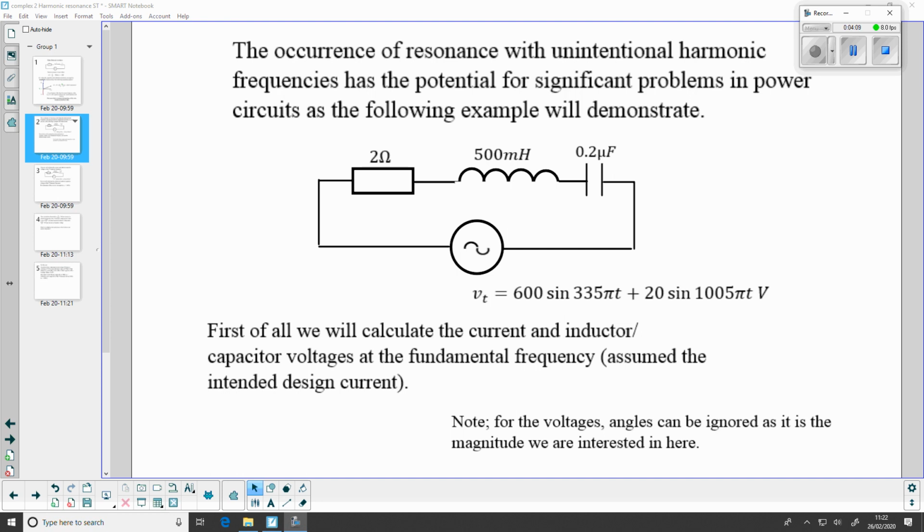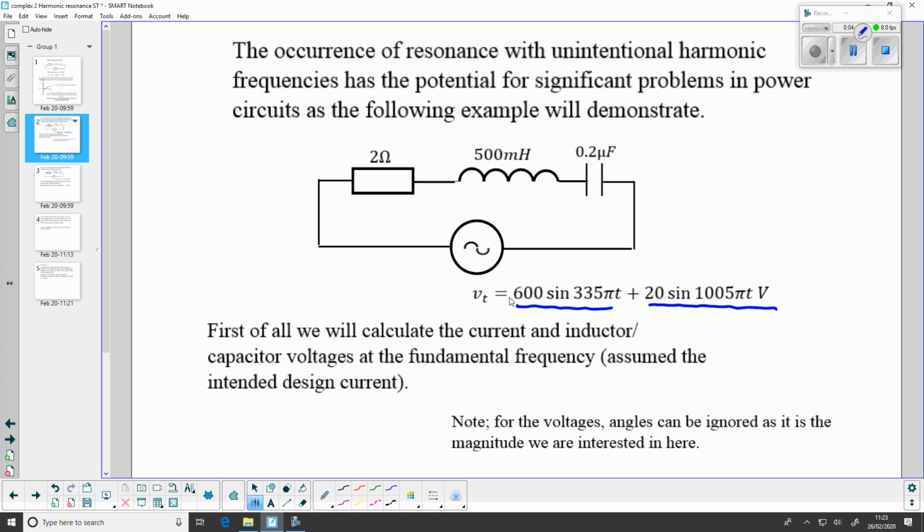So we've got this circuit here. It's a series RLC circuit: 2 ohms of resistance, 500 millihenries of inductance, 0.2 microfarads of capacitance. We're going to apply to that a sine wave of 600 sin(335 pi t) and a harmonic, which is the third harmonic, because 1005 is 3 times 335.